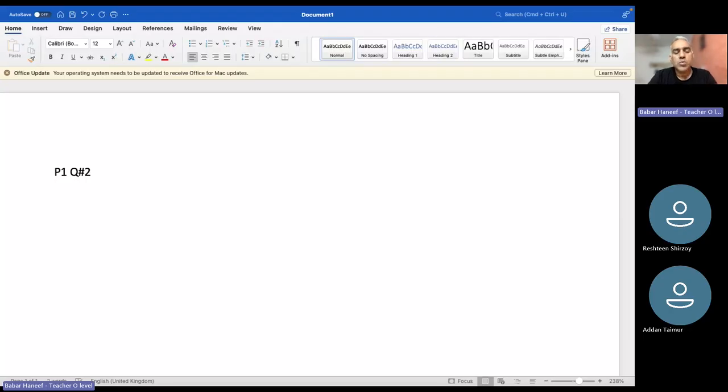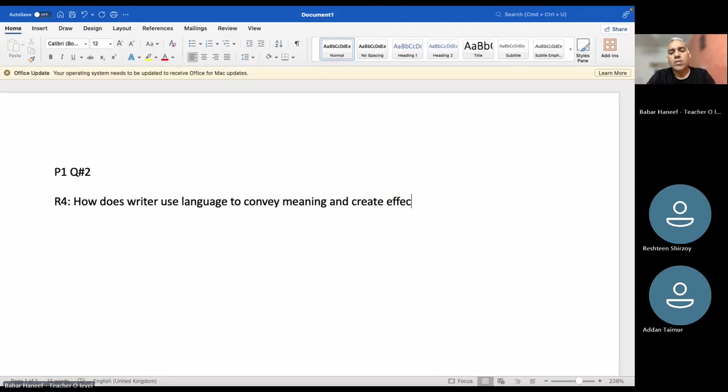So the first thing, we need to understand this question is basically tested on R4 scale, which is about how does the writer use language to convey meaning and create effects. Okay, so what you have to be particularly careful about is that you have to decode the writer's intention.